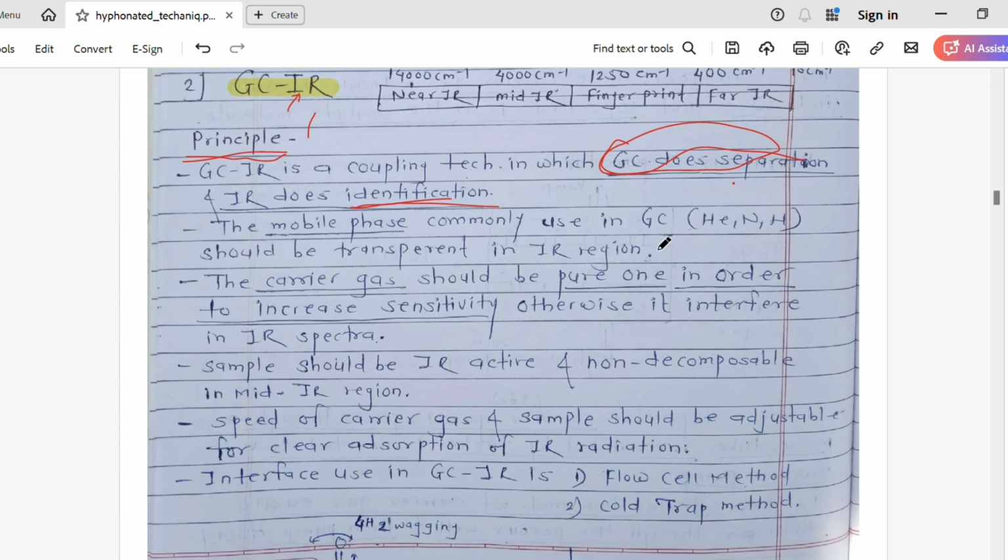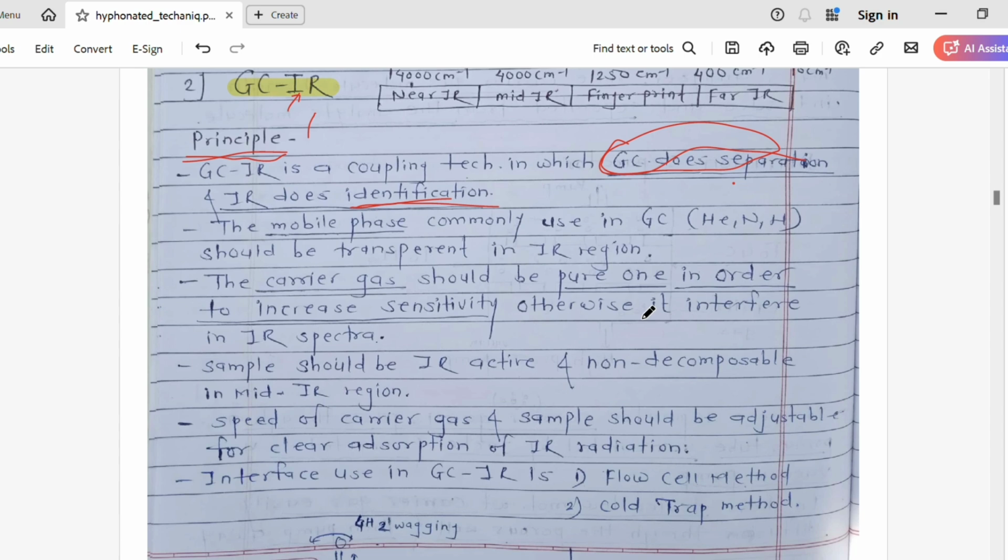The mobile phases commonly used in gas chromatography are helium, nitrogen, and hydrogen. This carrier gas should be transparent in the IR region. The carrier gas should also be pure in order to increase sensitivity, otherwise it will interfere in the IR spectra.